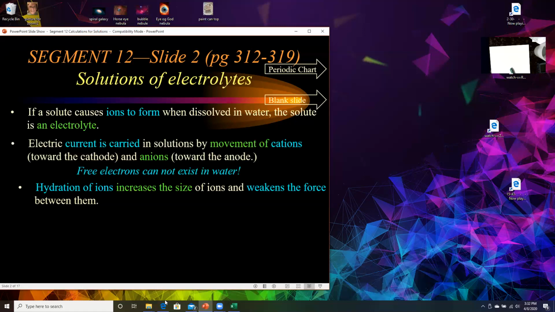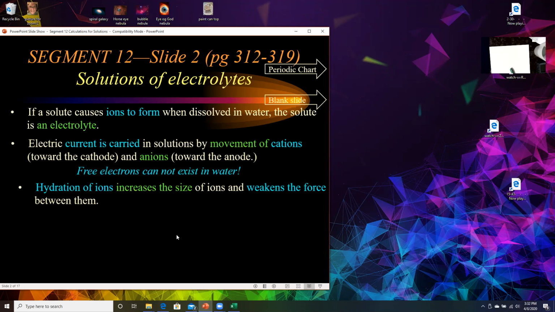So if I've got a cation and an anion, and I've got water surrounding both of them, they might not have enough attractive force anymore to come together and form a solid. They might just stay free in the solution and move from one place to another in the solution. And as they move, the hydration increases the size.